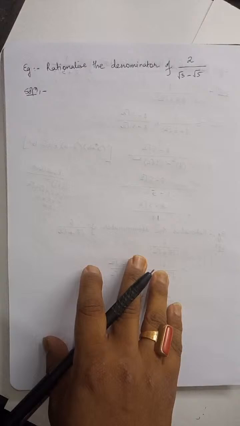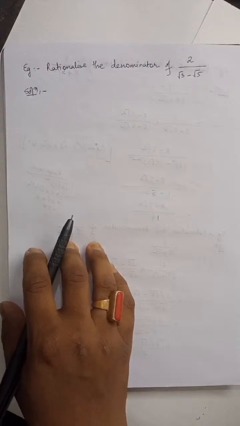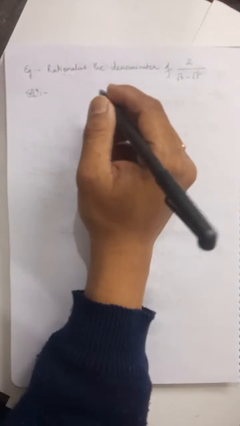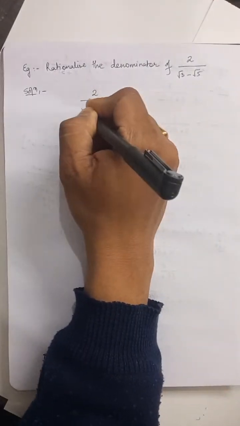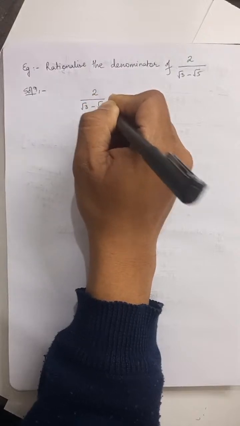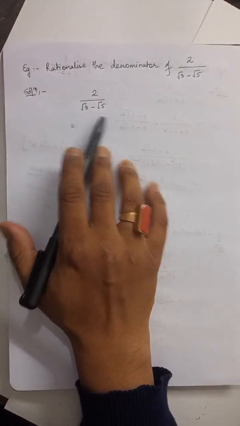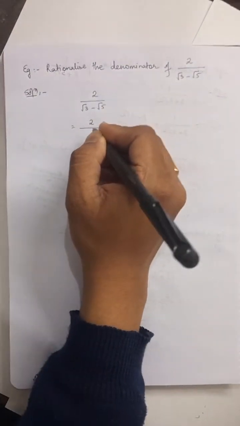So the next question is rationalize the denominator of 2 by root over 3 minus root over 5. So in this denominator we have root over 3 minus root over 5. So we'll multiply it by what? Root over 3 plus root over 5.